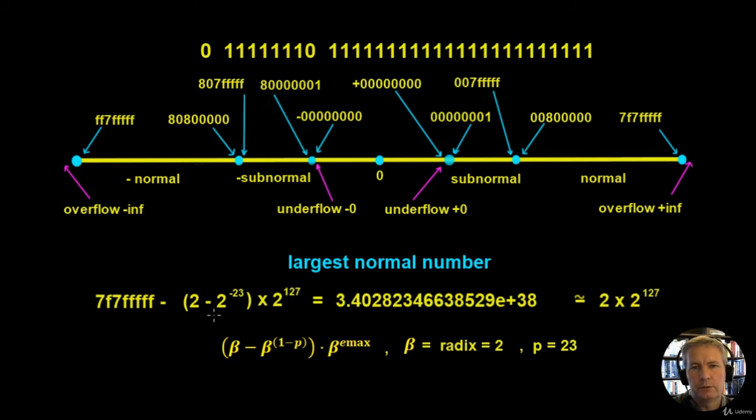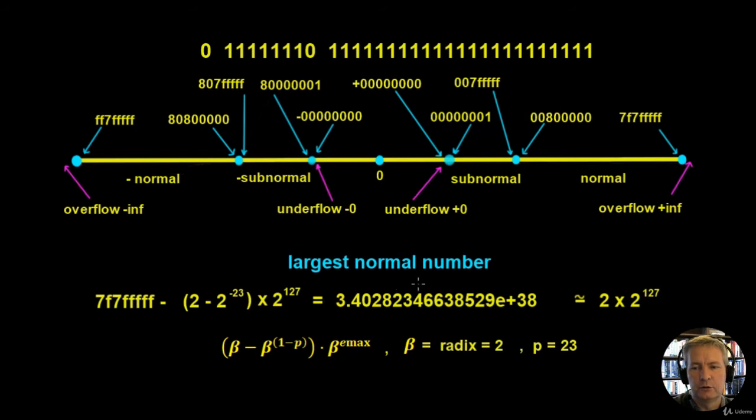But it's not going to be exactly equal to 2 times 2 to the 127 because we never get to that value of 2. We only ever get to a value which is 2 minus 2 to the minus 23. So whenever we multiply these numbers together, we're going to get this number here, 3.402823466385829e+38.